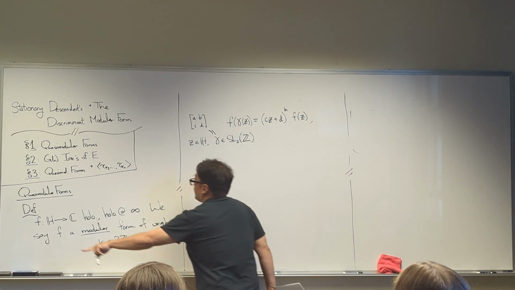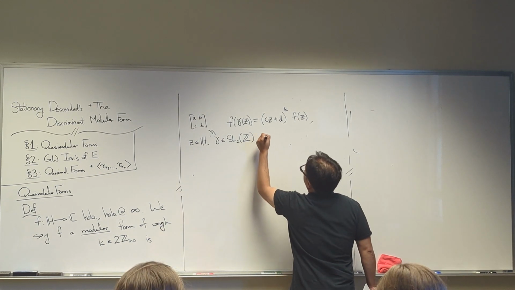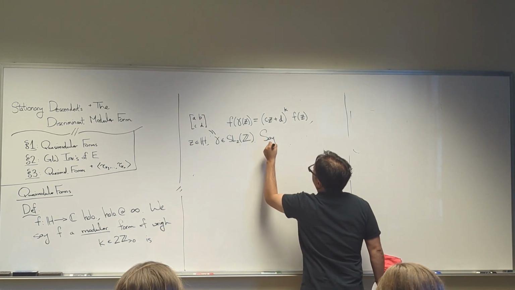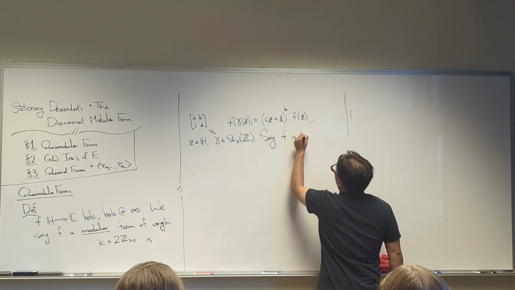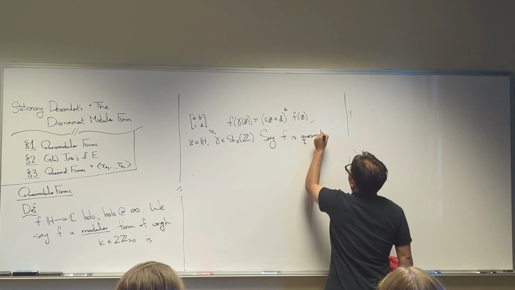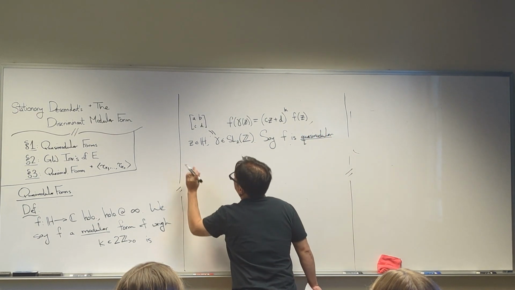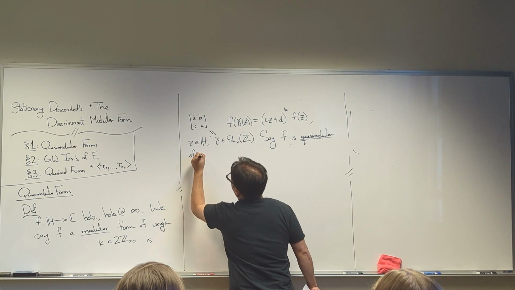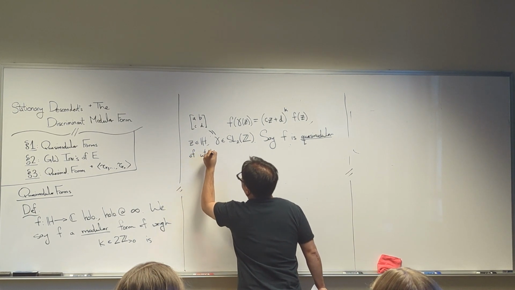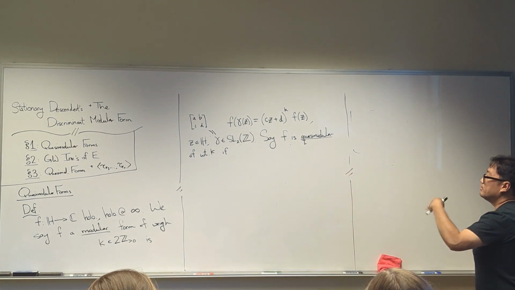To do things properly, I have to actually get to the realm of quasi-modular forms. So we'll say f is quasi-modular of weight k. Okay, so it's going to satisfy some stuff, which will be very opaque, but then I'll make it much more transparent.